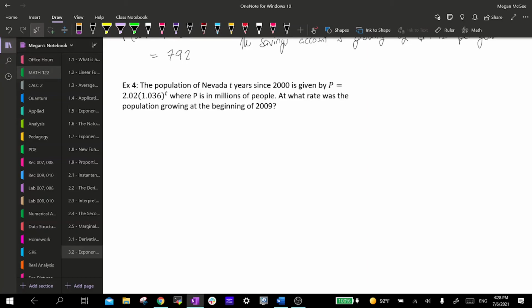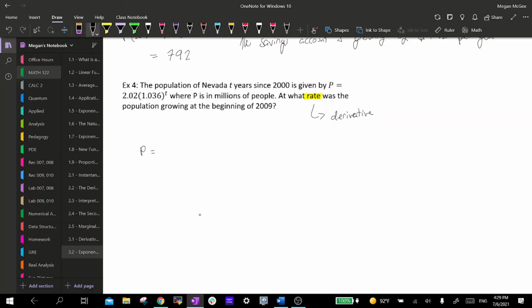So the first thing we should notice is in the question it says at what rate. So we see the word rate, we should automatically start thinking derivative, because the derivative is the rate of change, the instantaneous rate of change, matter of fact. So maybe if we're not really sure what to do with this problem, we know that taking a derivative is probably a step in the right direction. So let's go ahead and do that.